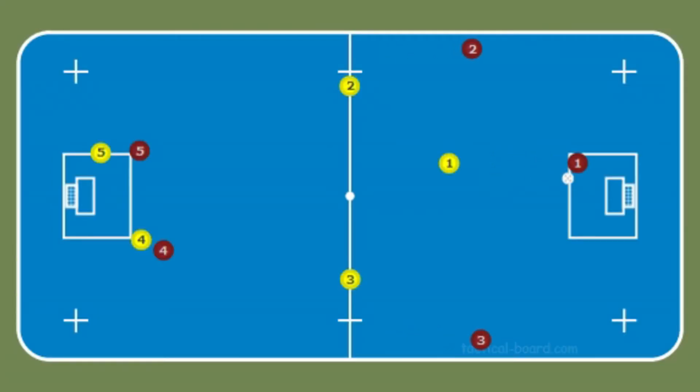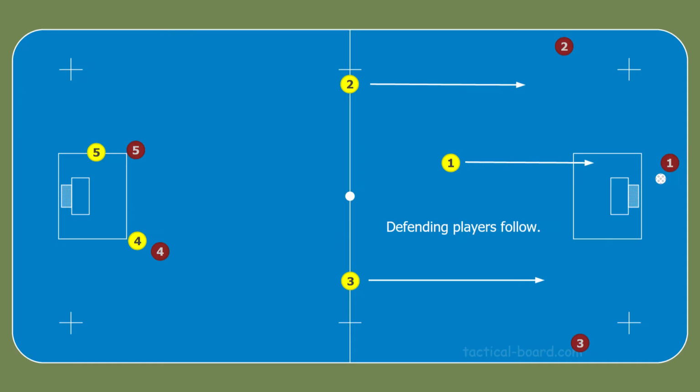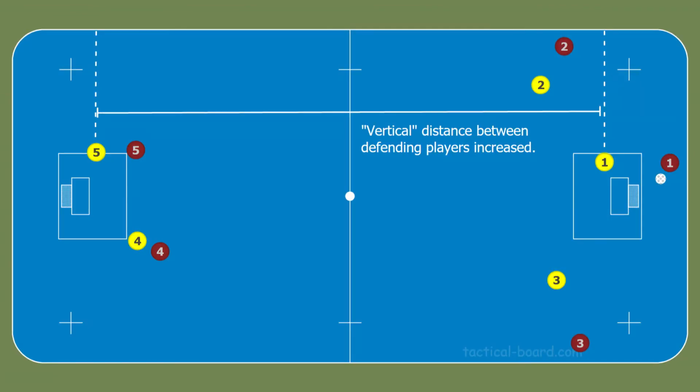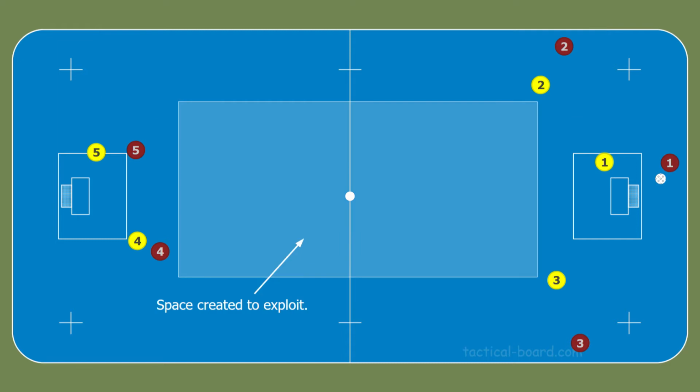You can see that the distance between the white defenseman and their highest player increases, and thus the space in the middle section of the court is increased so that the red team can use it if they can get the ball in there.